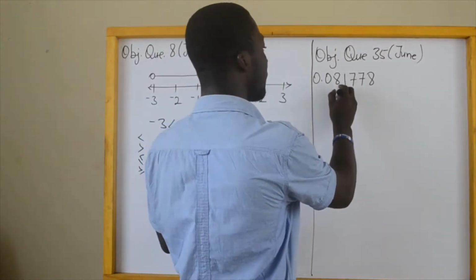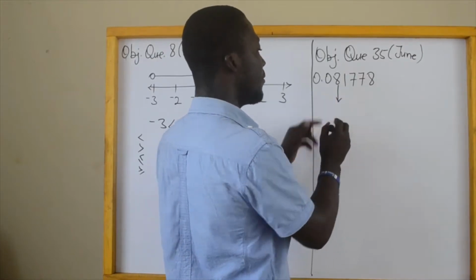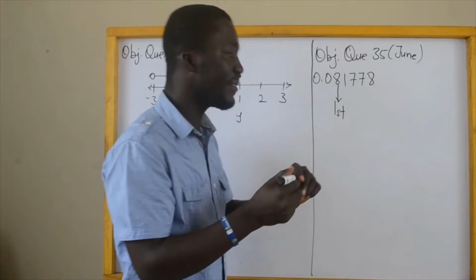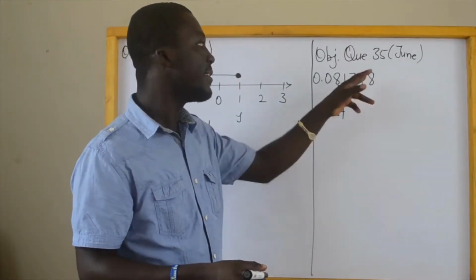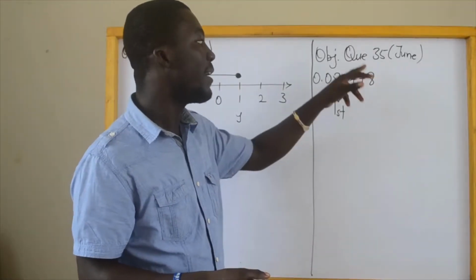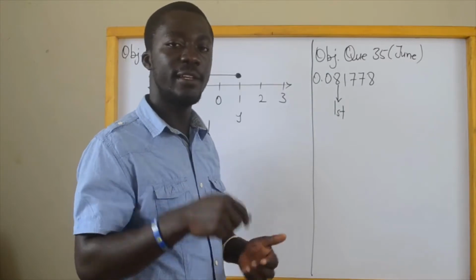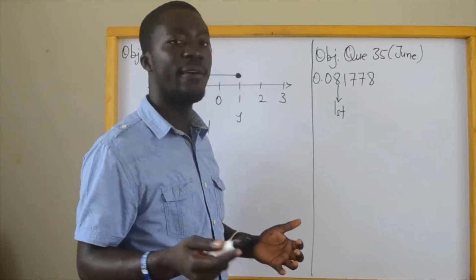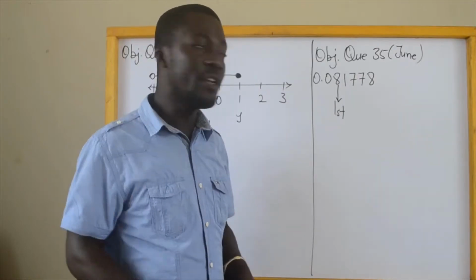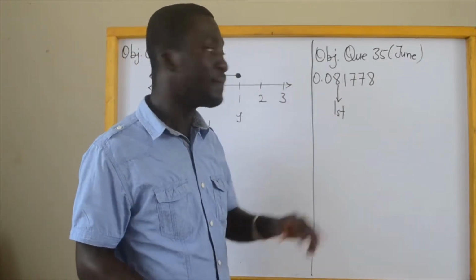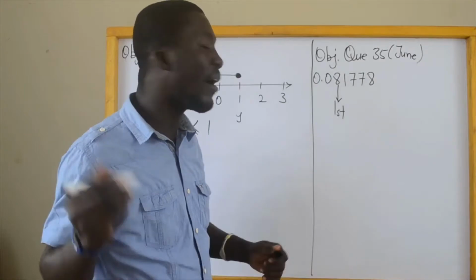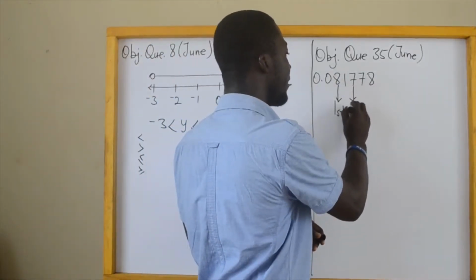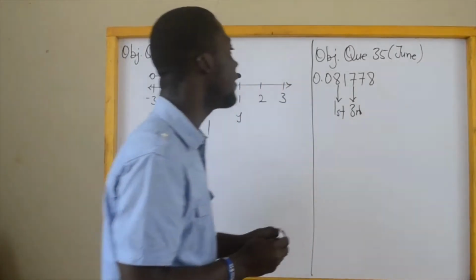So our first significant figure will be 8. This one will be our second, 7 third, 7 fourth, and 8 will be the fifth significant figure. But our question is saying that we should correct to 3 significant figures. So our concentration will come here, the third significant figure.